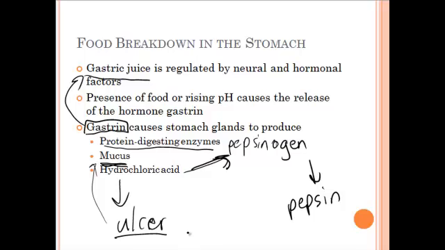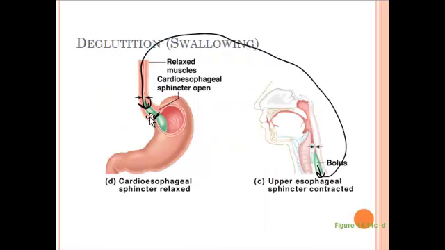There's also problems that can happen with heartburn. In heartburn, what's happening is the cardioesophageal sphincter, not the pyloric, which is at the end of the stomach, isn't closing as well as it should, and it's not keeping the food from getting back up into the esophagus. So as the stomach is churning the food back and forth, some is spilling back up into the esophagus.